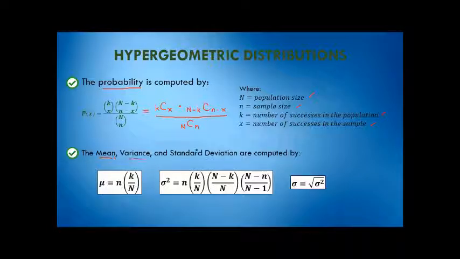The next thing we need to know is how are we going to compute for the mean, variance, and standard deviation specific for hypergeometric distribution. So we have the following formula.